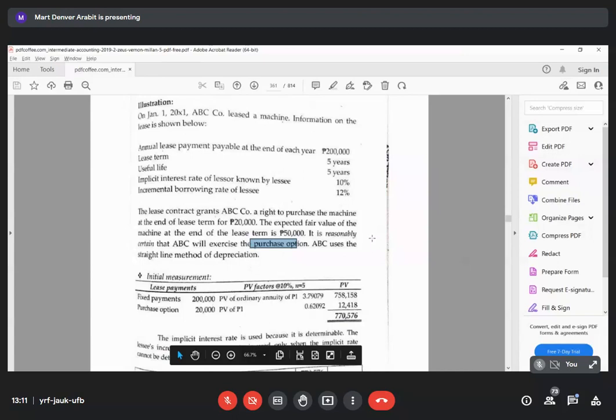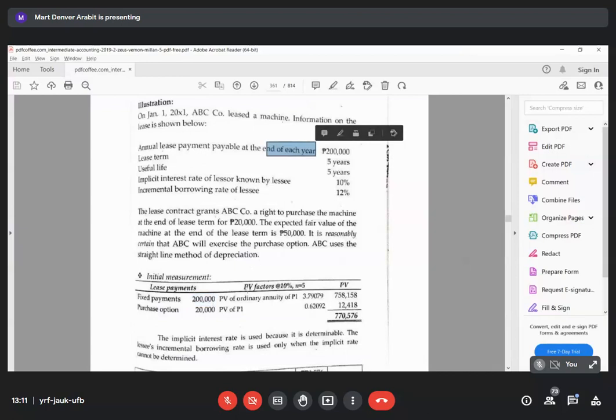So, again, we will recognize the present values of the parts of our lease payments. Okay, so the first is the fixed payment of 200,000, which we will compute using an ordinary annuity since the payment is given at the end of each year.